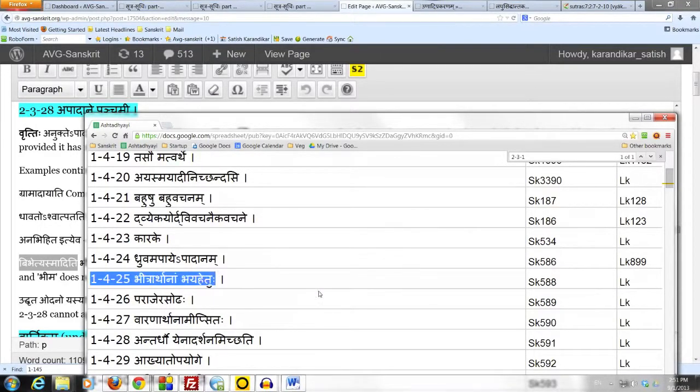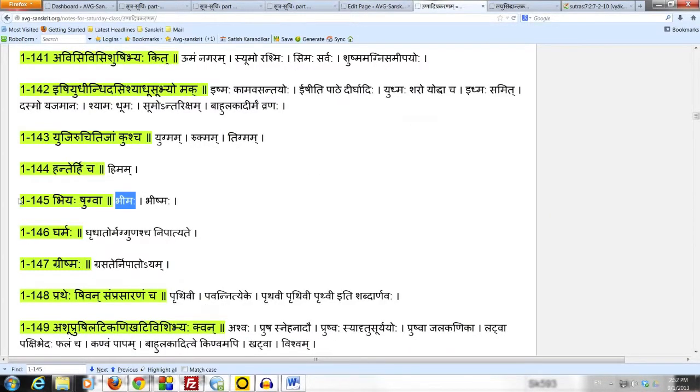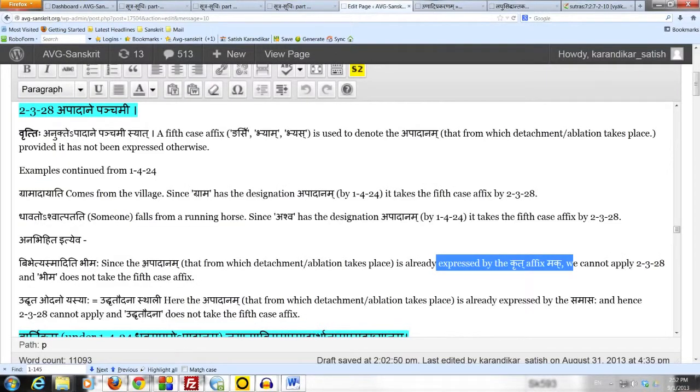But what's happened here is that the krit affix, in this case the affix mak, which is the unadi pratyaha, prescribed by the unadi sutram number 145 in the first padaha. It says Bhiyaha Shugva. That is used to derive the form Bhimaha as well as Bhishmaha. The affix here is Mak, and there is an optional augment shuk. So the form bhima has already expressed the apadanam, that from which detachment takes place.